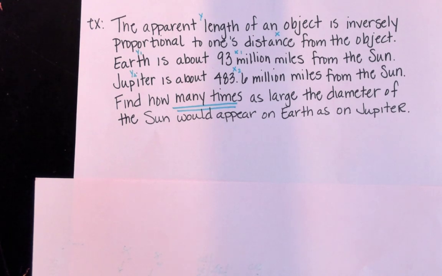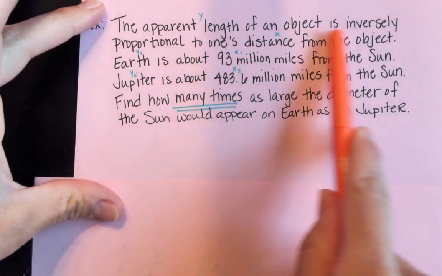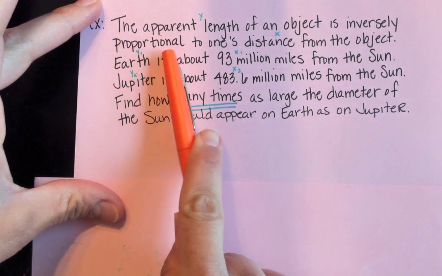You give a problem in practice, in the notes, you give homework problems, and all of a sudden you get to a question and you're like, well, they never taught us that part. So I wanted to make sure that we looked at that one specifically, and it says, and I love this because I was reading it out loud, are you teaching math or science? The apparent length of an object is inversely proportional to one's distance from the object.